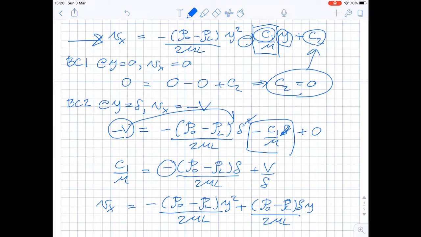Y is here. And then subtracted by V over delta. Okay? You need to make sure that this is minus, so this plus turns to be minus eventually.